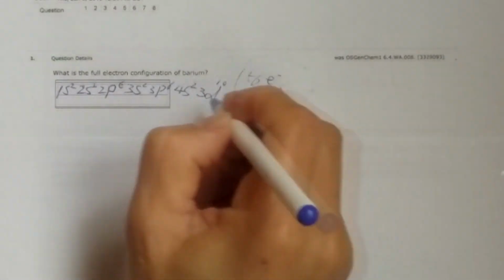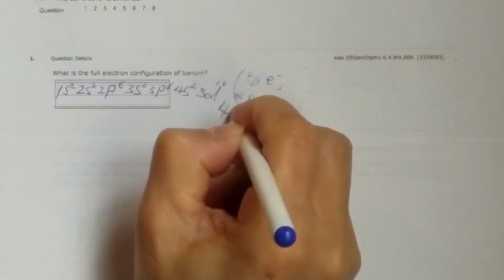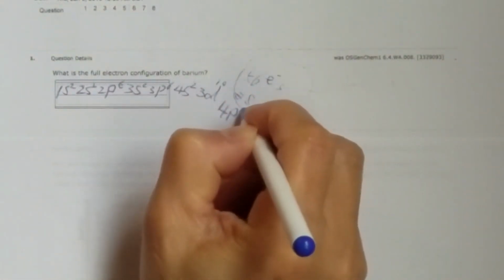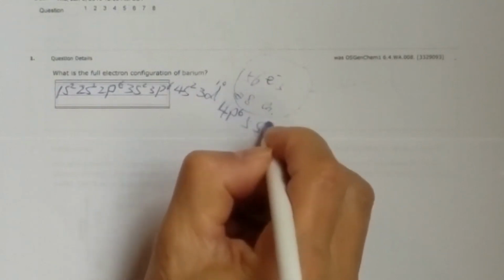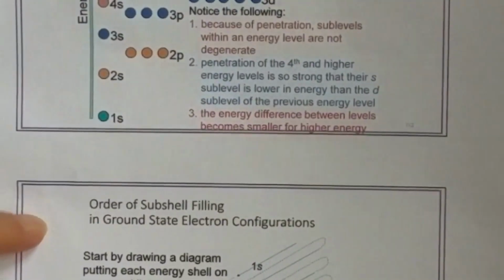So 4p, again p orbitals, 3 orbitals, 6 electrons. After 4p, it should be 5s. And after 5s is 4d. Again, if you use this chart, you will never get that wrong.